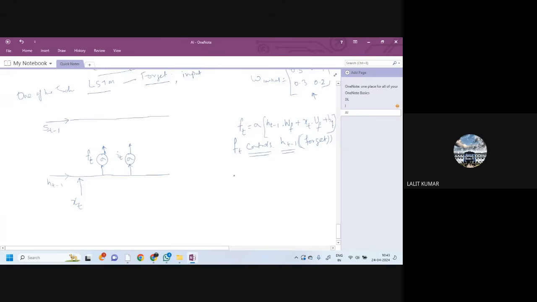The input gate is equal to tanh of WI HT minus 1 plus UI XT plus bias of I. Sorry, I had written it wrongly here; it should be written I. This controls the input, whether I want to read XT or not. So this is controlling the XT part.